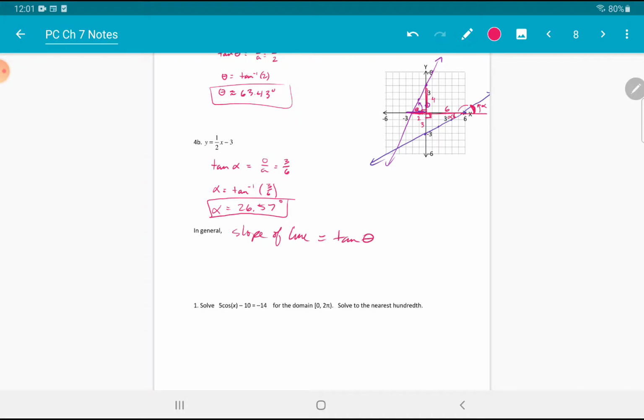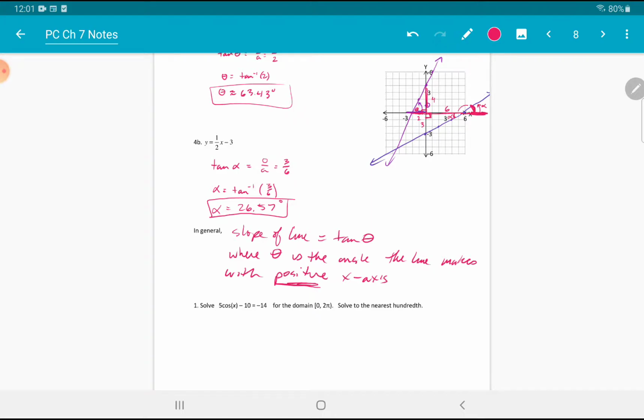So slope of a line is tangent of the angle theta, where theta is the angle the line makes with the positive x-axis. Keep in mind that what I'm writing is the positive x-axis.